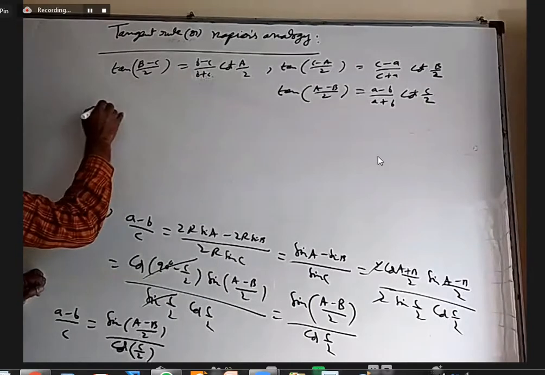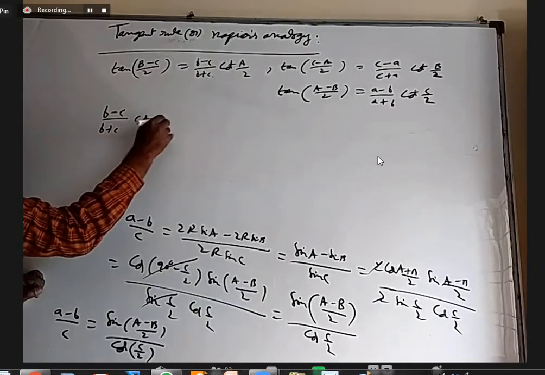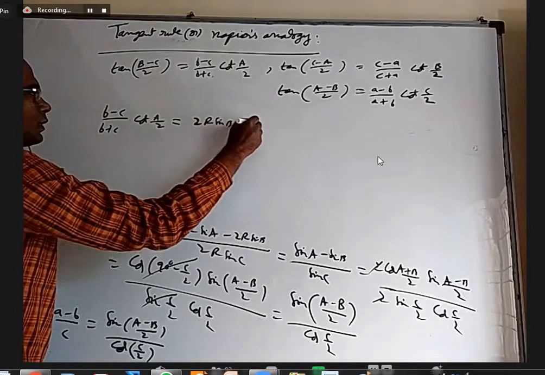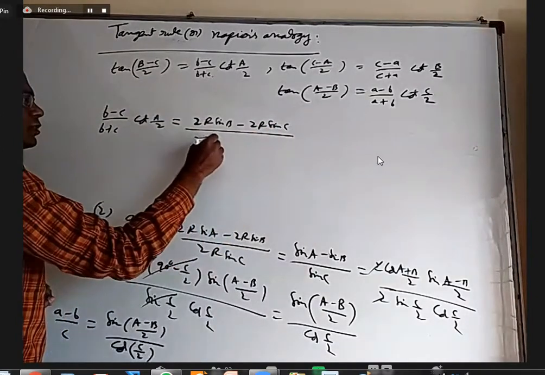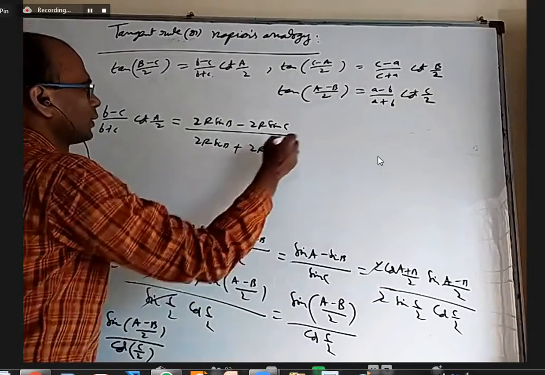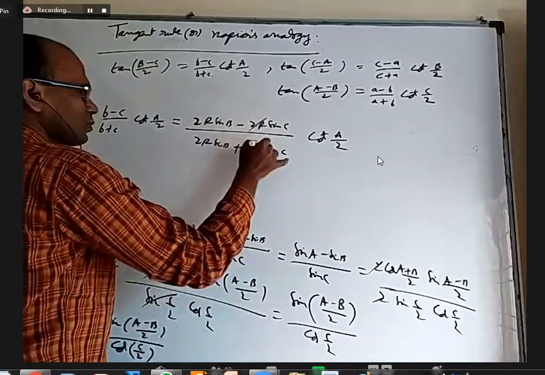I'll start with the RHS: (b minus c) by (b plus c) times cot A/2. Write b as 2R sine B and c as 2R sine C, in both numerator and denominator, and this is cot A/2. You can cancel 2R.